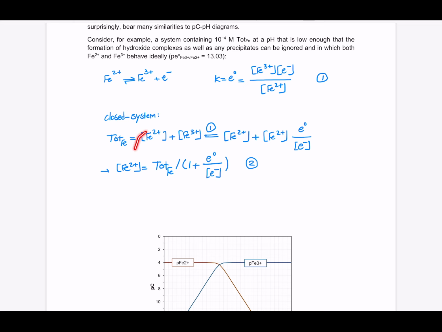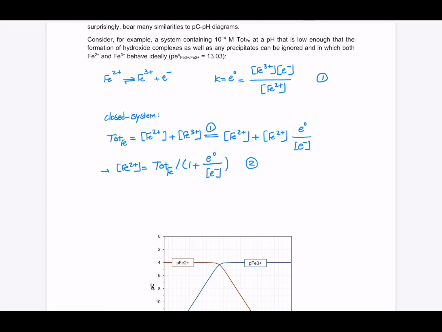We have the concentration of one species, which is a function of what we are changing, in this case the electron, and a constant. Once we find the concentration of this one, we know how to calculate the concentration of the other one using relationship 1.